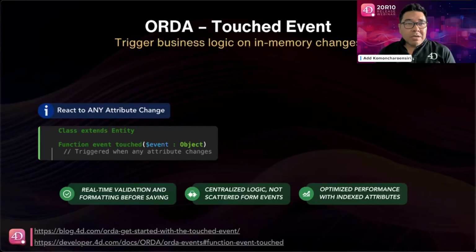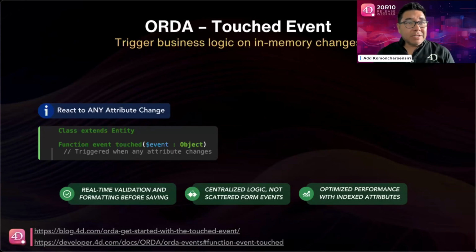Events that trigger with or without user interaction directly from a form. This is huge. The first event that we are talking about in this series is the touch event. And the ORDA abstraction layer can now react to any change made to the data in memory on an entity.